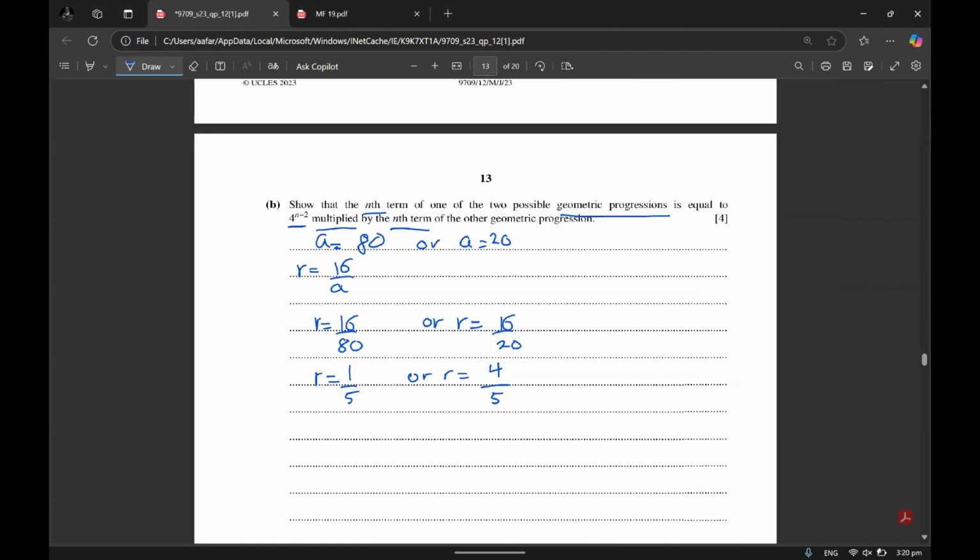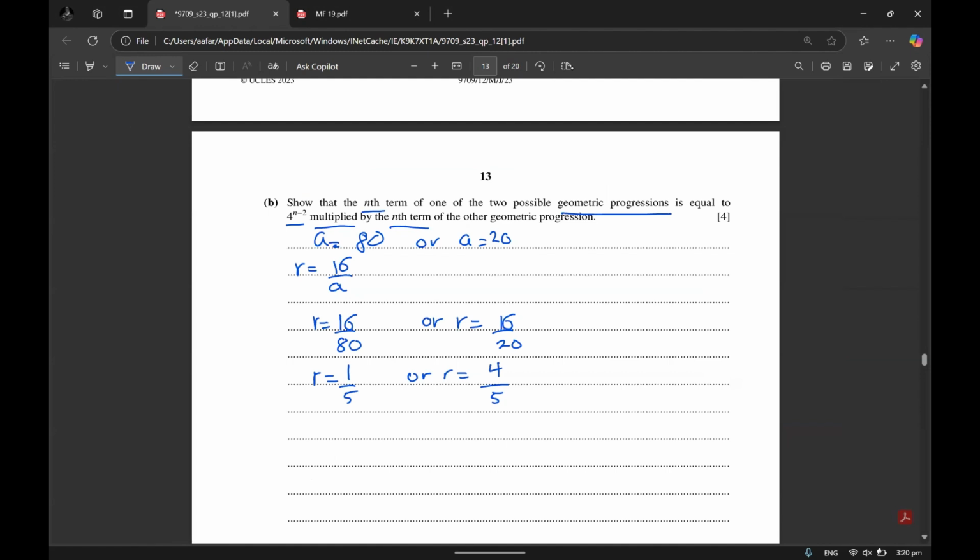So the nth term of this progression, let's call this one the first progression and this one the second progression. So u n 1 will be equal to a r to the n minus 1. A is 80 and r is 1 over 5, power n minus 1.